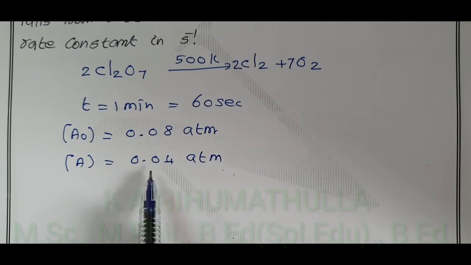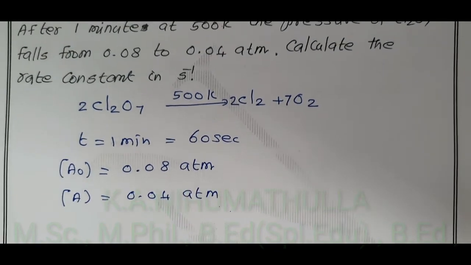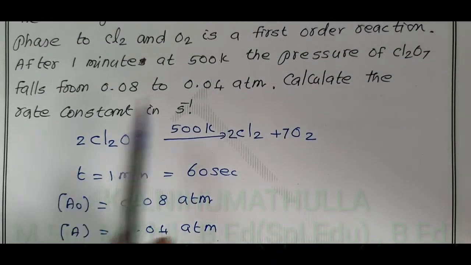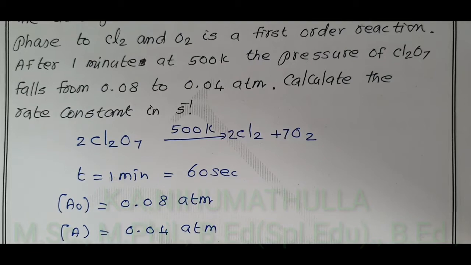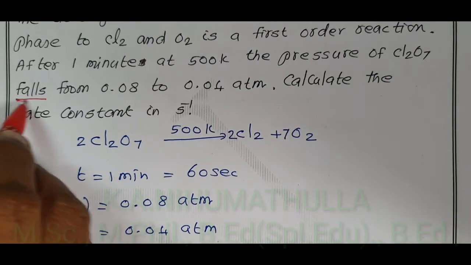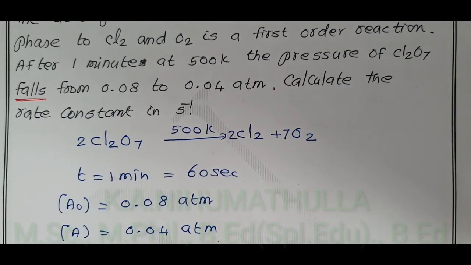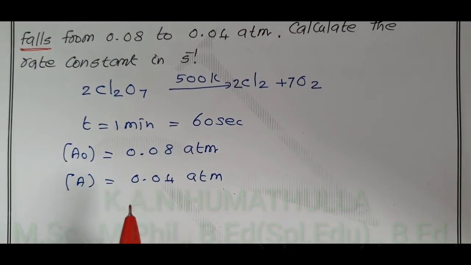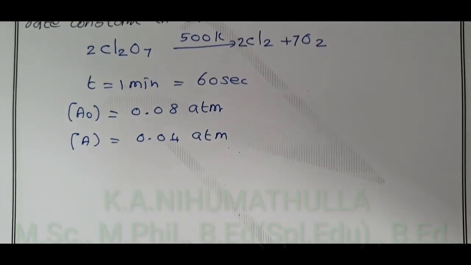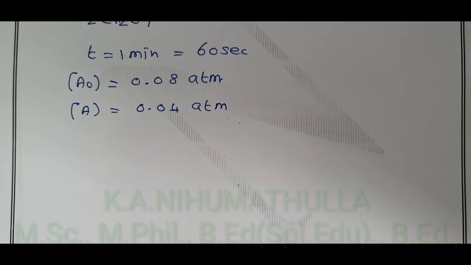Here we are taking that value directly without any subtraction because in our problem it indicates that the pressure of Cl2O7 falls to. This word falls to or decreases indicates that it has already decreased. Therefore, that value is taken as such.